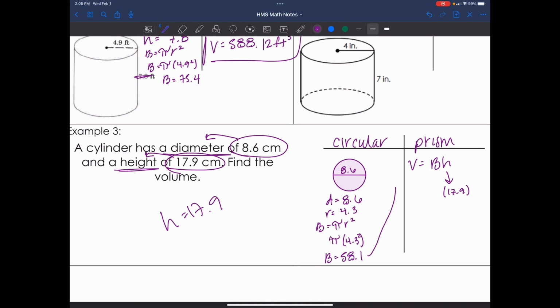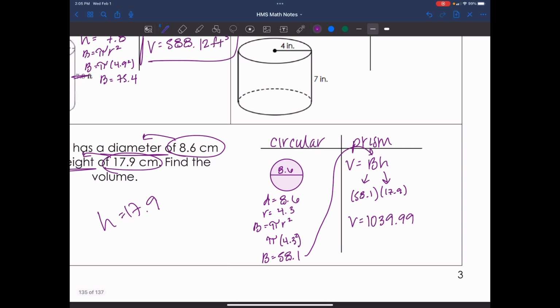So then plugging that in to my volume formula. This should be a very large number. 1,039.99 centimeters cubed.